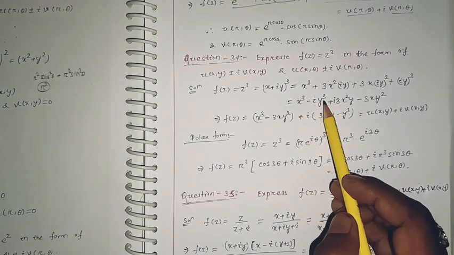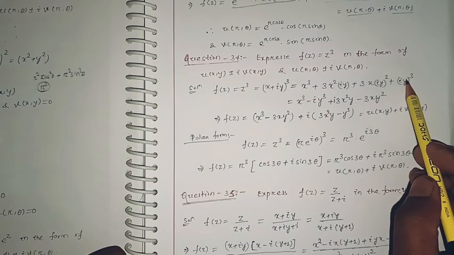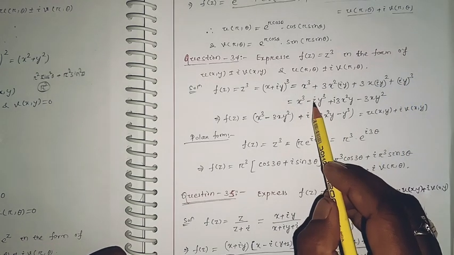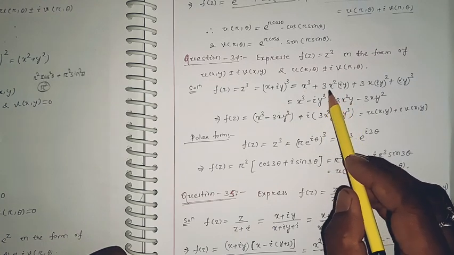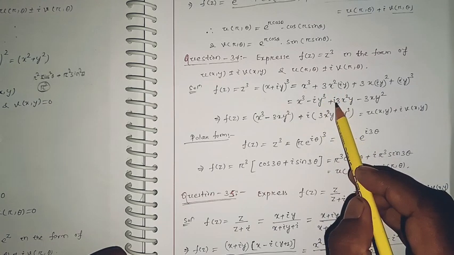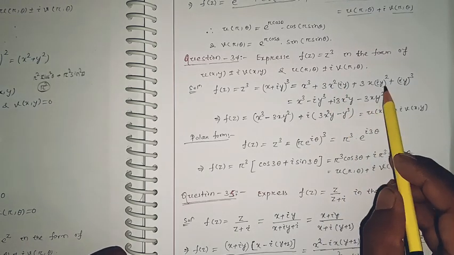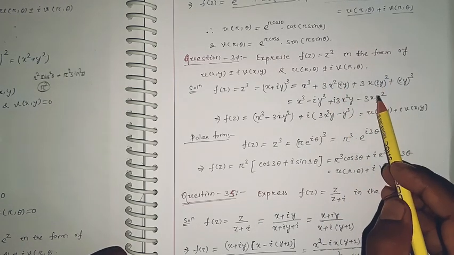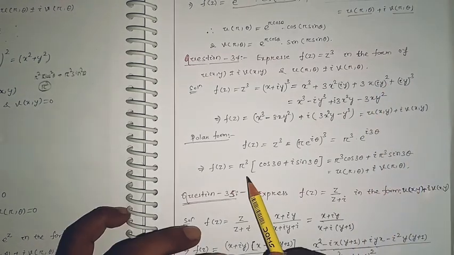X cube, here you can say i cube means minus i, so minus i y cube is taken over here, and this will be i taken out, 3x square y. Here i square means minus 1, that means minus 3xy square.